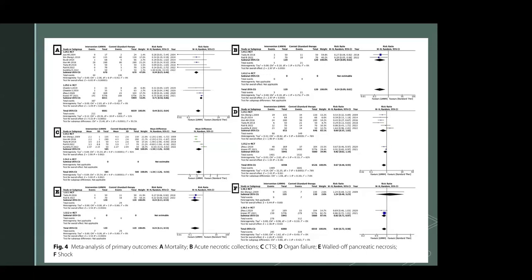Yes, sir. So this is how they have plotted and expressed the data, and they have also mentioned the I2 values everywhere, as well as the P values and the subgroup differences.